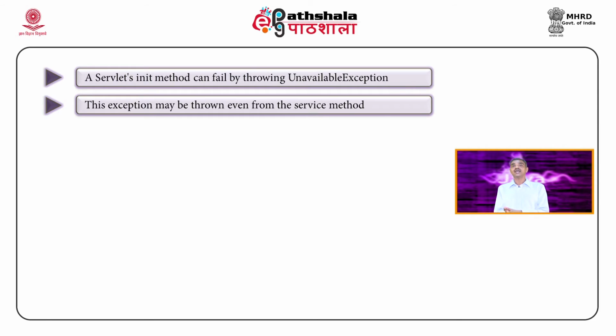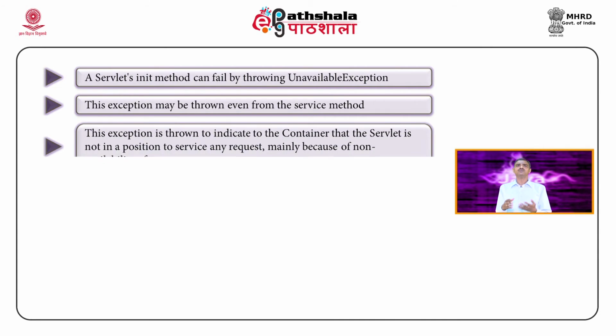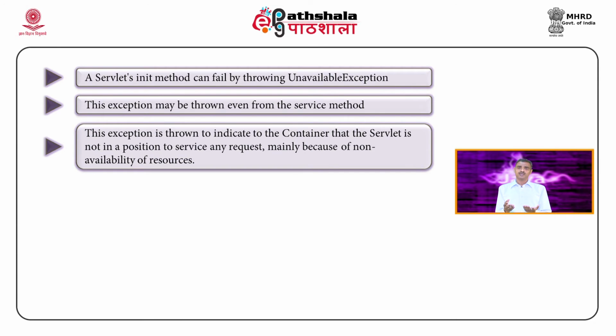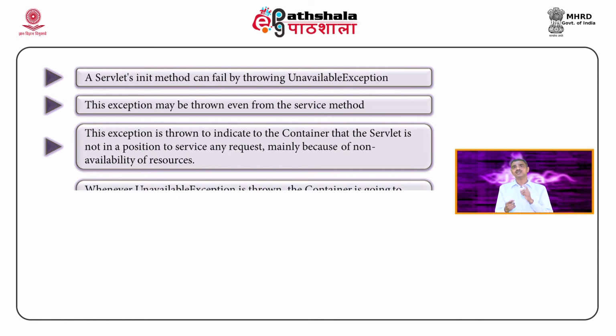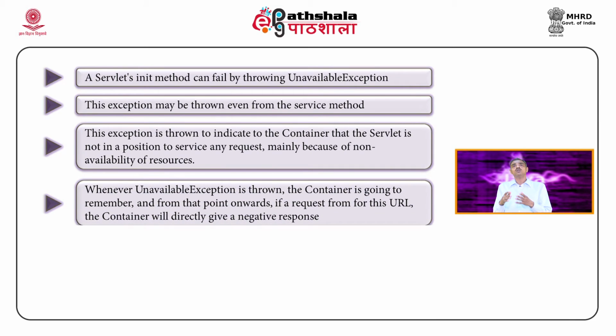Even from within the service method, at any moment there can be a failure where the servlet feels that it can no longer give any service. Whenever the servlet feels that this URL cannot be serviced further, it would throw unavailable exception.